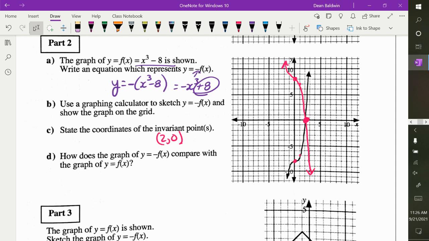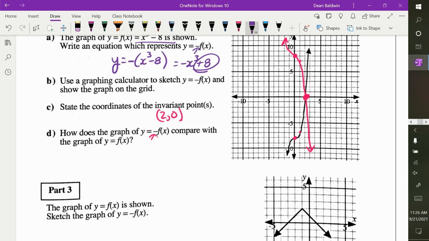So, in words, yes, Noah? So the invariant point is always the x-intercept then? For this one, yeah. So in words, what does this negative do? Just tell me in words what it does. Flips it over the x-axis. Okay? So there's a couple ways to say it.